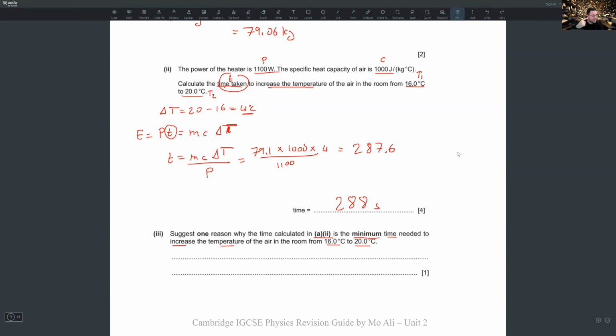Oh, guys, do we live in houses with just empty rooms when we put in a heater? Or do I have a couch and a cupboard and maybe a TV? So is the heater only heating the air in the room, which is what we calculated? Is the heater only heating the air, or what is it heating as well?